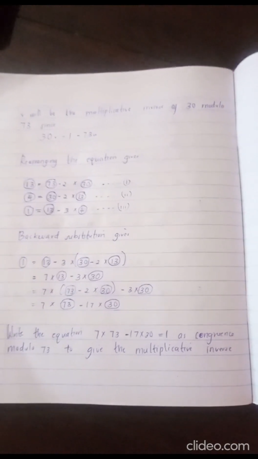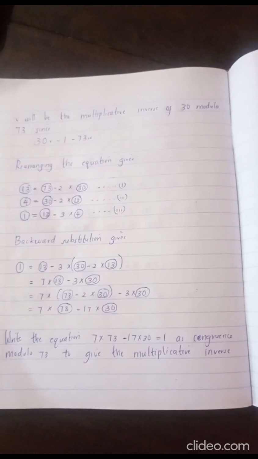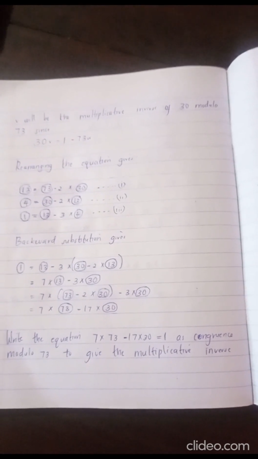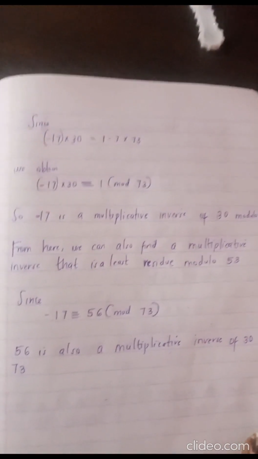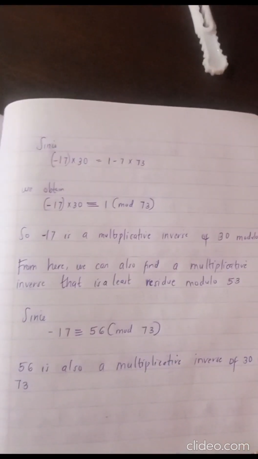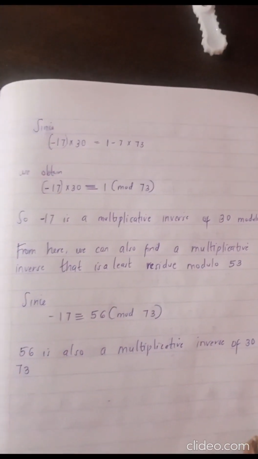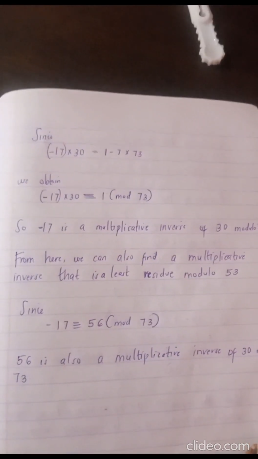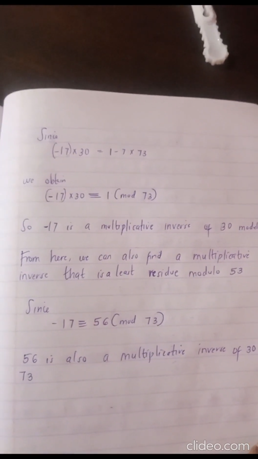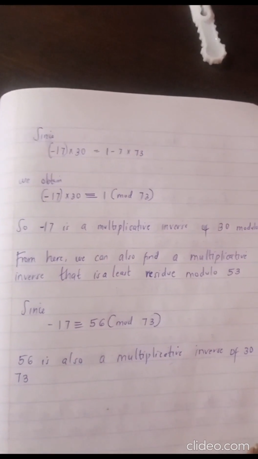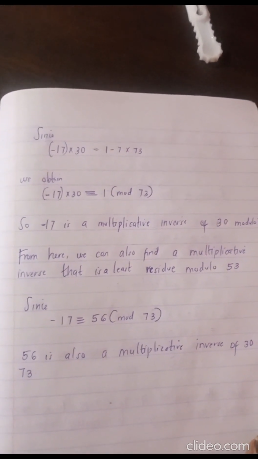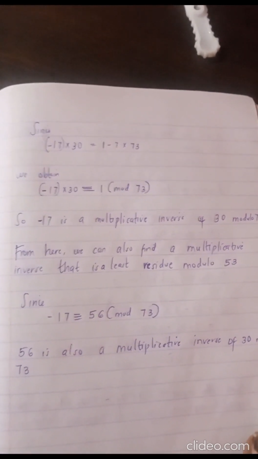So when we write the last equation, that is 7 times 73 minus 17 times 30 is equal to 1, as a congruence modulo 73 to give the multiplicative inverse. Since negative 17 times 30 is equal to 1 minus 7 times 73, we obtain that negative 17 times 30 is congruent to 1 modulo 73.